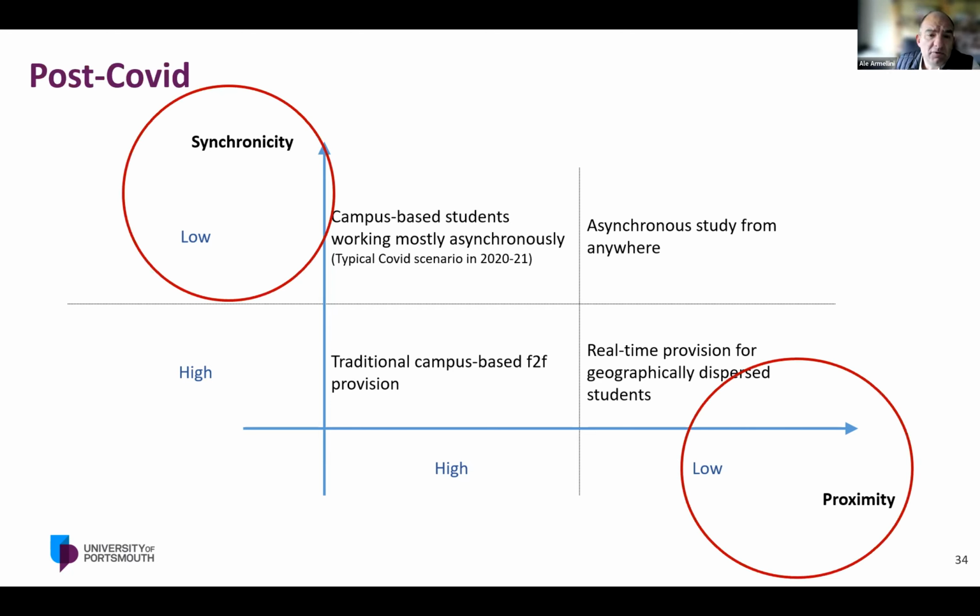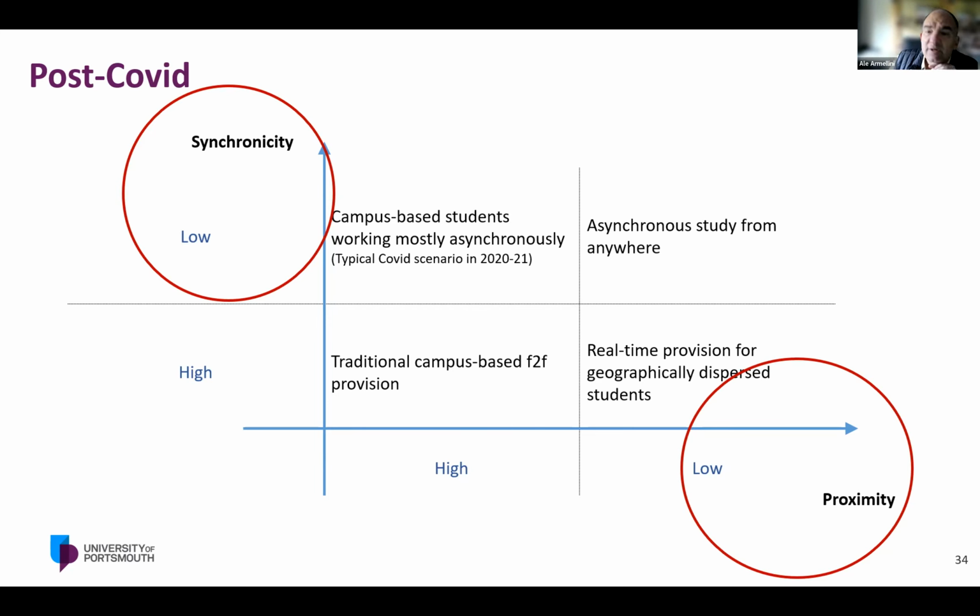What we are noticing clearly is a push on the part of several stakeholders, not only students and staff, for lower proximity and lower synchronicity. Now that means a number of things that we could investigate on a different day.